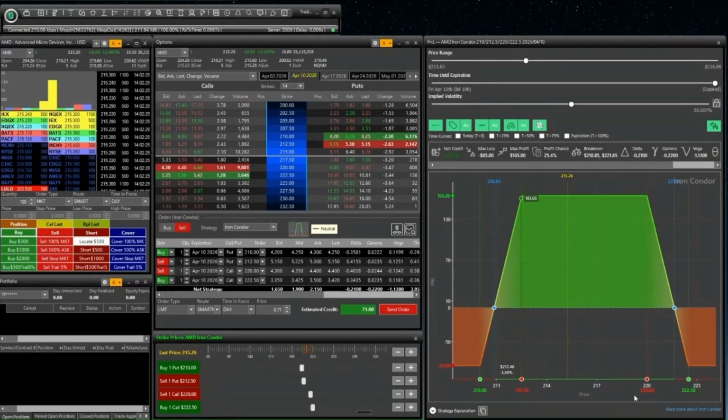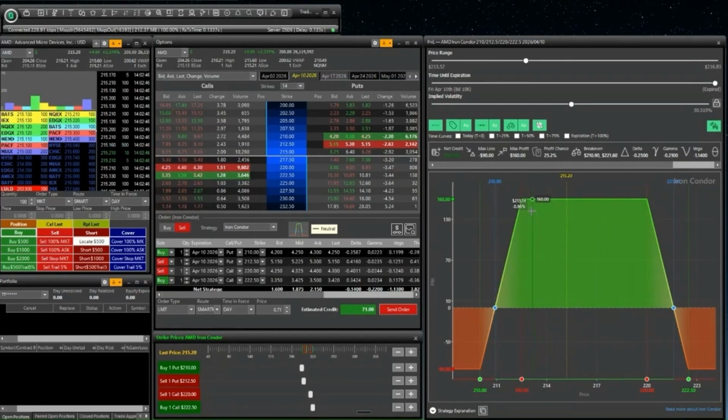So 212.50 to 220. Now I can say to myself, fine, I'm collecting less premium on this. In fact, I'm collecting half the premium I was collecting when I had the strikes quite close together. But the profit chance of it ending up between these two strikes is a lot higher because it doesn't have to move as much. A nice little leg setup there.